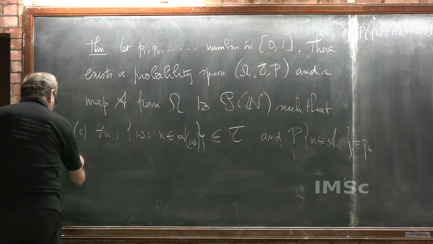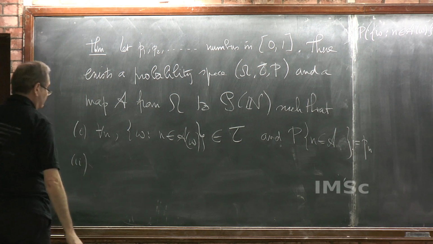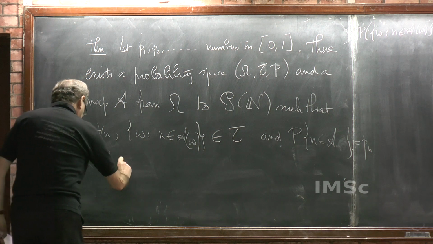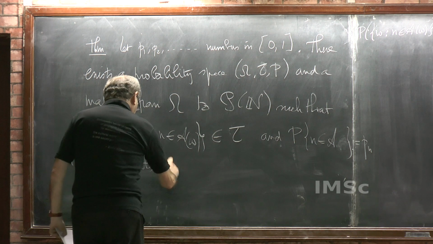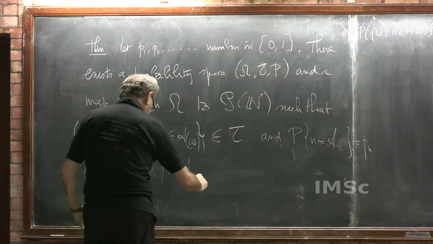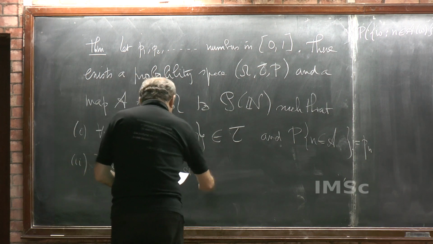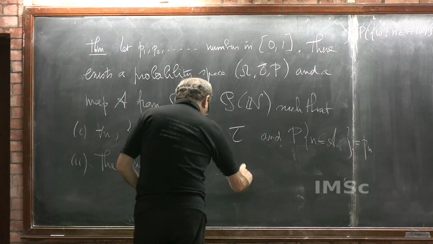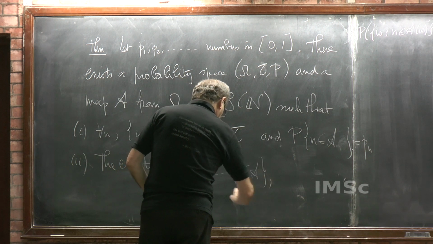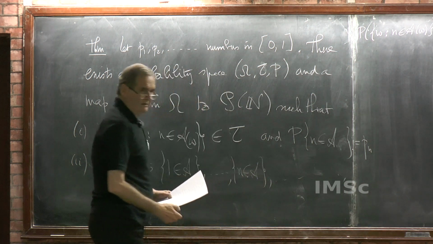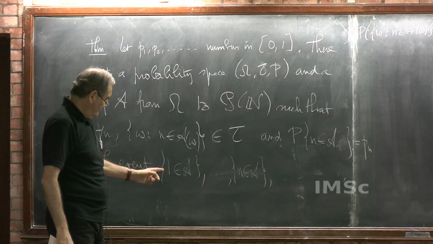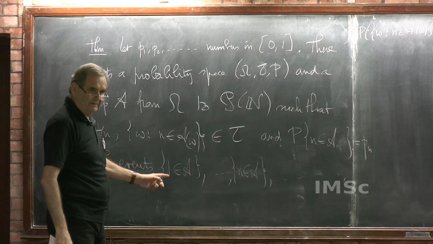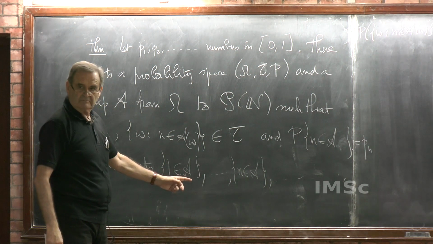And now what is important is that when you are looking at the events, n belongs to A. Again, you understand what it means. You have a family of events. This is the pullback, that is to say, you are looking at the set of omega for which n is in the sequence A of omega.